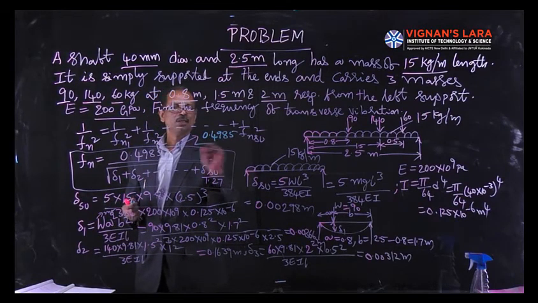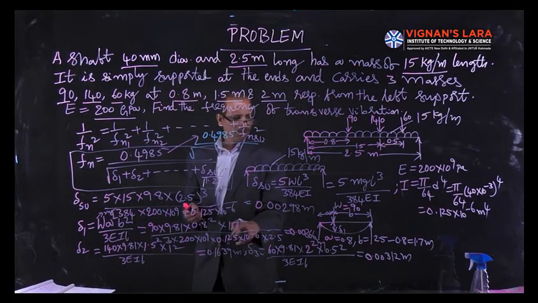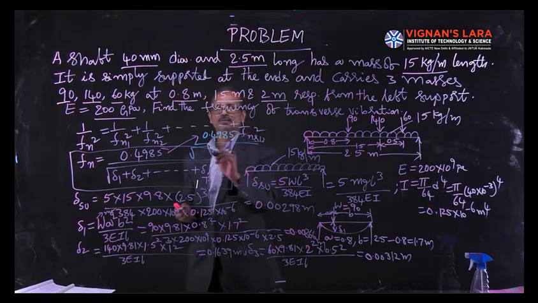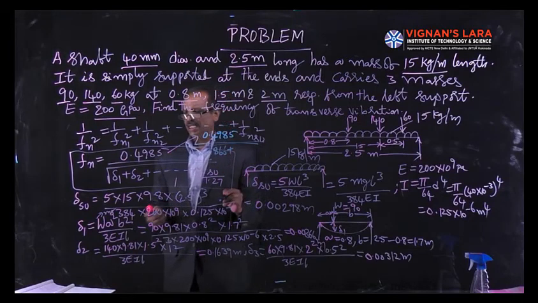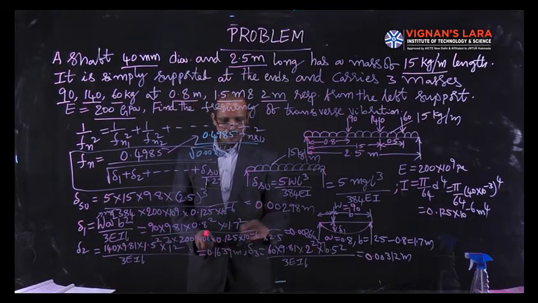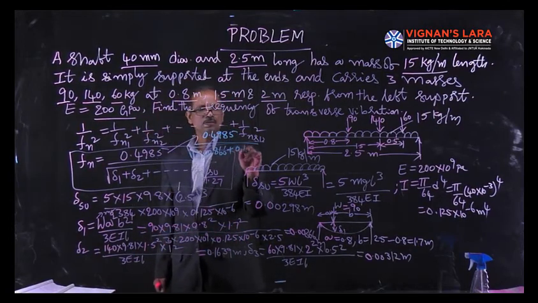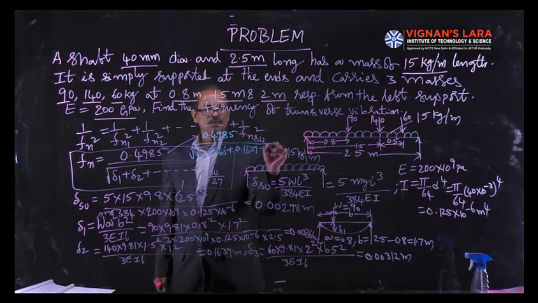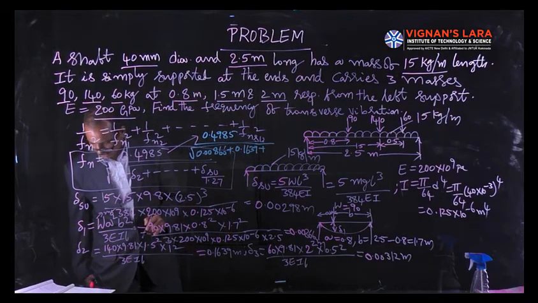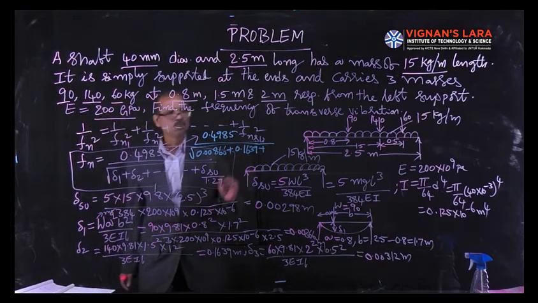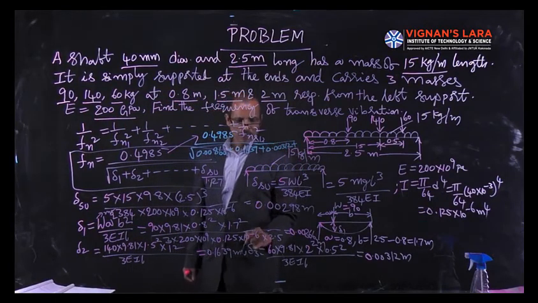So once you get those values, then you can substitute here. Fn is equal to 0.4985 by root over delta 1, that is 0.00866, plus 0.1639 meters, then delta 3, so what is the delta 3? Delta 3 is 0.00312. Then UDL, what is the UDL?